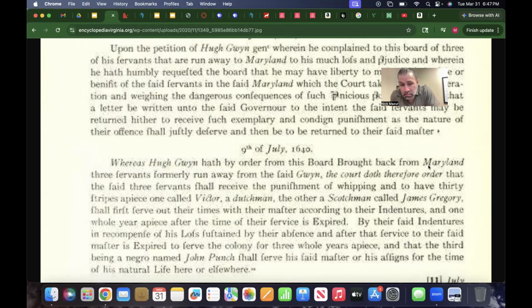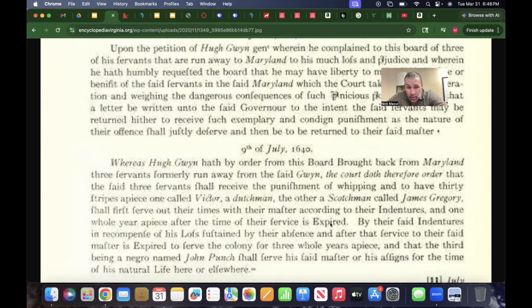So they have a whipping, they get charged a fine, and one is called Victor, a Dutchman, the other a Scotsman named James Gregory. So what those 2 individuals is that they shall serve out their times according to their indenture, and then they will have another year, right there, another year a piece of time until it's expired.